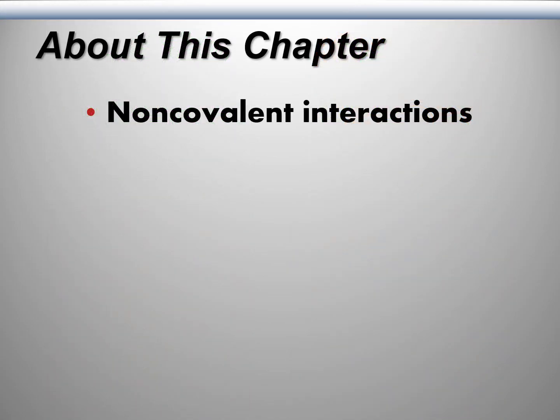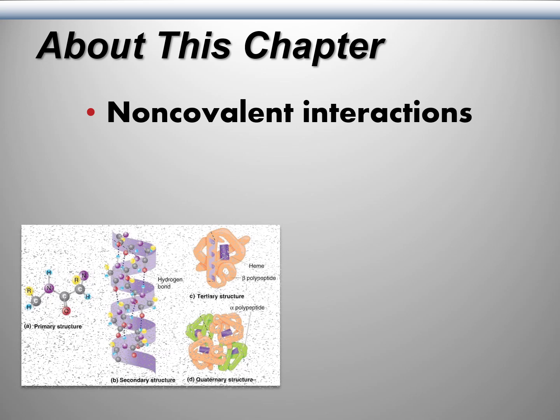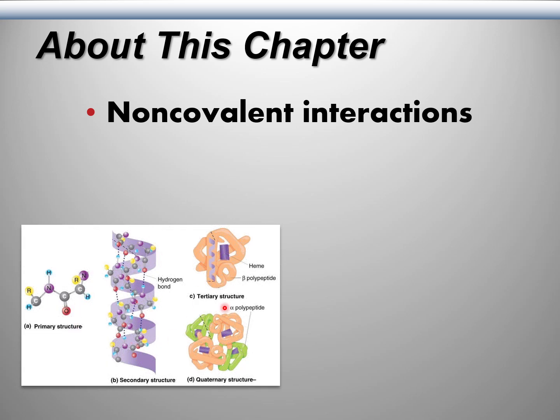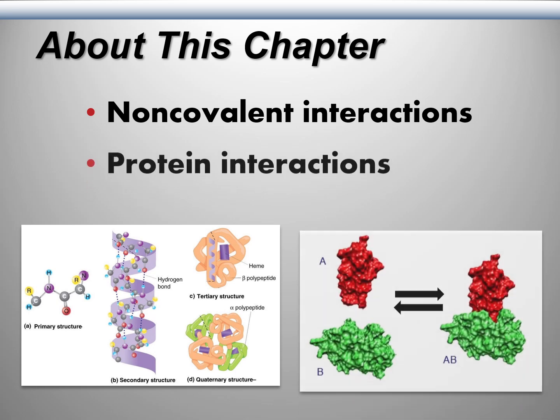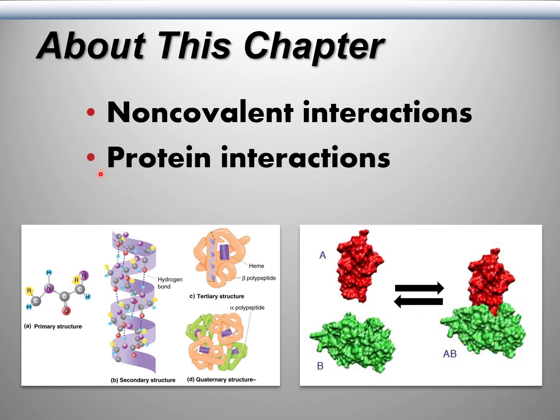On a conceptual level today, we are going to use the information that I'm going to provide you in order to help you understand more about non-covalent interactions, that is to say, the non-covalent bonds that give rise to things like protein structure, which then gives rise to protein function, which gives rise to cellular function and tissue function and so forth, as well as interactions.